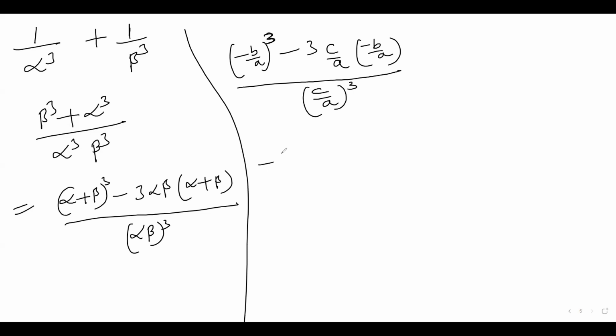So you will get minus b cube by a cube, minus into minus plus 3bc by a square, 3bc by a into a square. In the denominator, you will be having c cube by a cube.